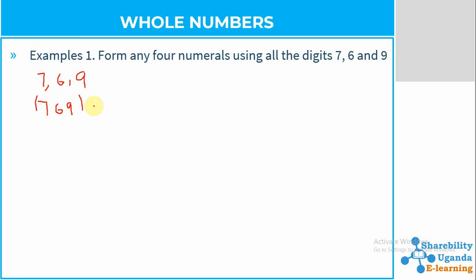So this is how it is going to be. We are going to write our 6, then we write our 9 as our second digit. Then remember we are remaining with our first digit, which is 7. So this is going to be our second numeral.